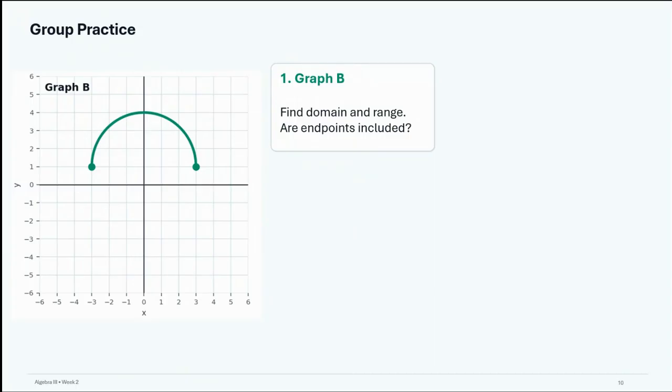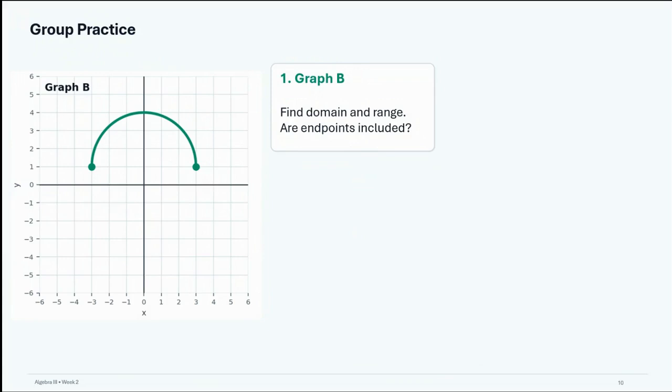So looking at the graph, I'm going to start talking my way through this. The domain and the range. I'm going to put up my answers here in just a moment and see if you got the same thing.